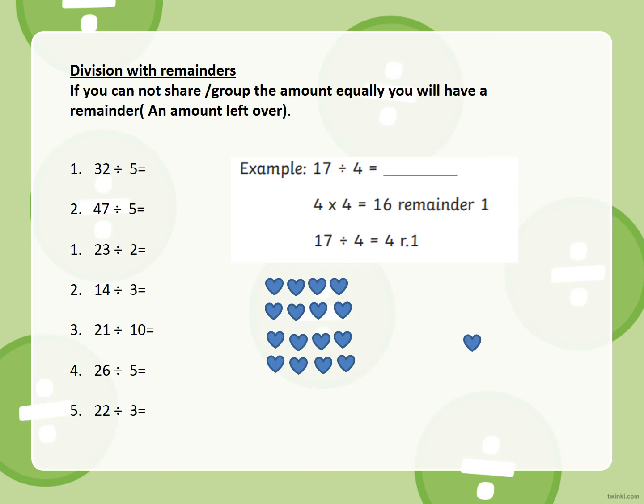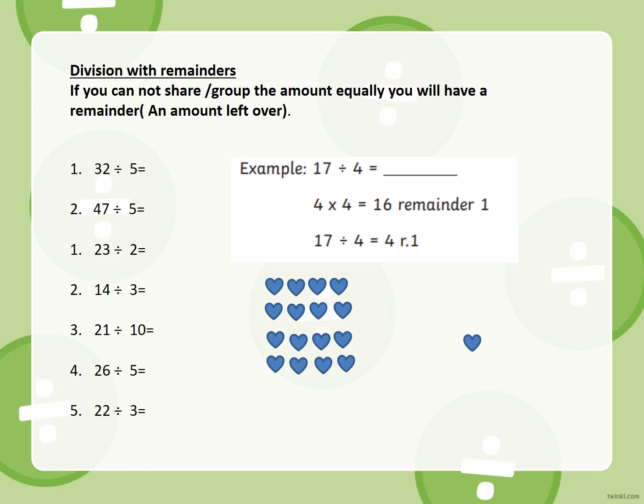So because it's divided by 4, I use my 4 times tables, and I've worked out that 4 times 4 equals 16, but I have 1 left over because I had 17 to share.